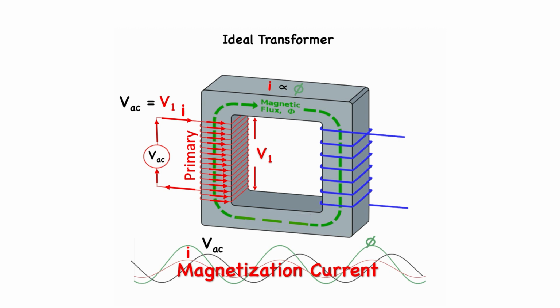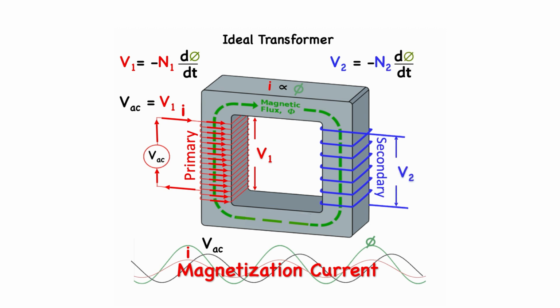In coil 1, the flux produced by the generator is related to the voltage V1 by Faraday's law, which involves the changing flux times the number of turns in the primary coil. In coil 2, the secondary coil, the voltage produced by that same flux by mutual inductance is also given by Faraday's law, which involves the same changing flux but times the turns in the secondary coil.